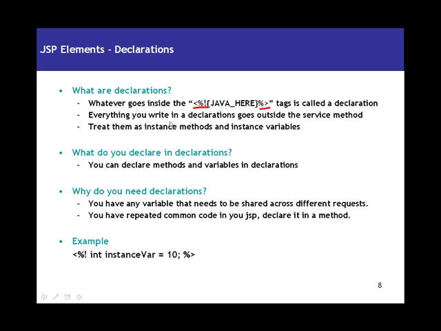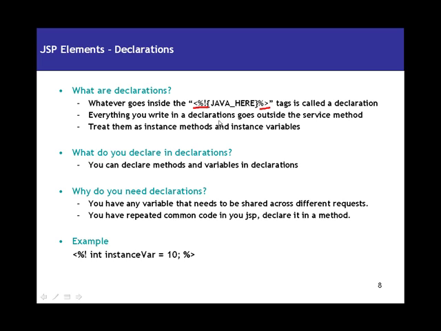And we know that everything you write in a JSP declaration goes outside the service method. So if you declare any variables, it would be declared as a class level variable, and if you declare any methods, it will be treated as a class level method, an instance method, right?